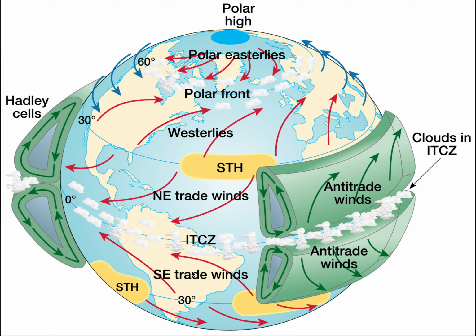So if we look at where this high pressure cell is situated, it's situated at 30. Earlier in the year, when the high is sitting up here, we're off the coast of Spain or France and Great Britain. We can pick up the energy coming out of this high pressure cell.